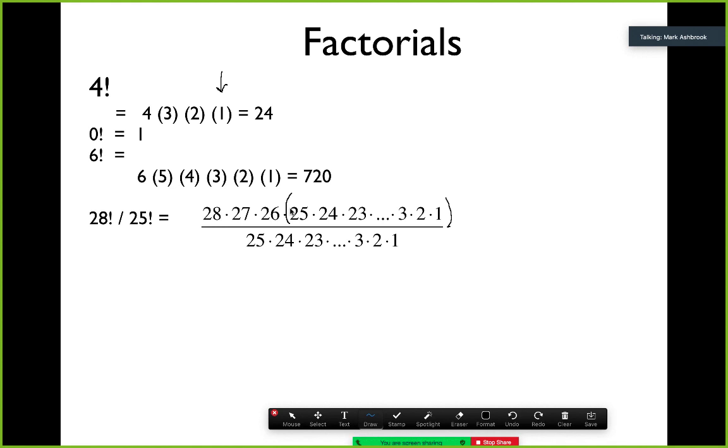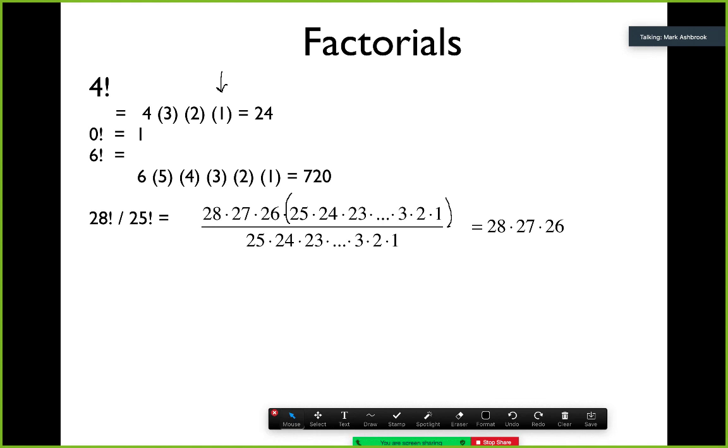So what happens? The 25 factorial in the denominator can cancel or simplify to 1 with the part of 28 factorial that is 25 factorial. So what are we left with? Just 28 times 27 times 26, which is a reasonable number, right?